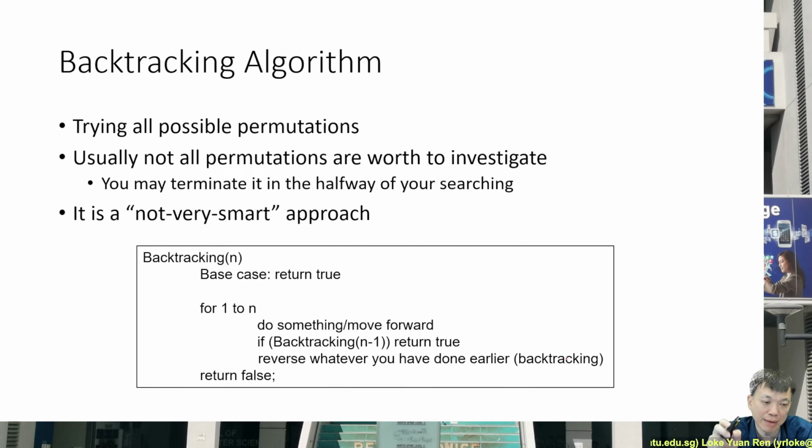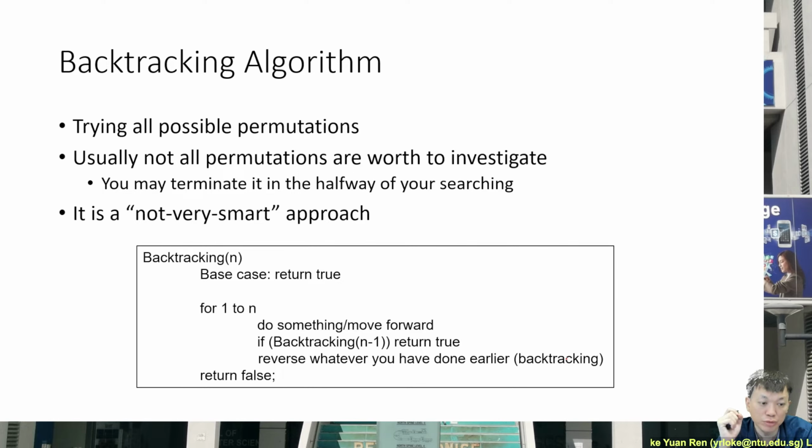That can help you reduce the search time. Backtracking can help you reduce the number of permutations. You can eliminate certain patterns of permutation that you don't need to carry on checking, because this portion cannot be a solution. You can stop halfway and just try the rest. It can help you reduce the number of cases to investigate.